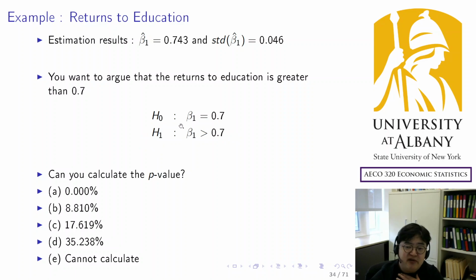So my belief was actually that the returns to education was $0.7 or lower, at most $0.7. So if it's greater than 0.7, then you have to give up your belief.